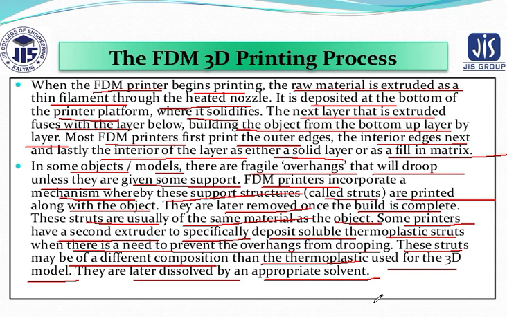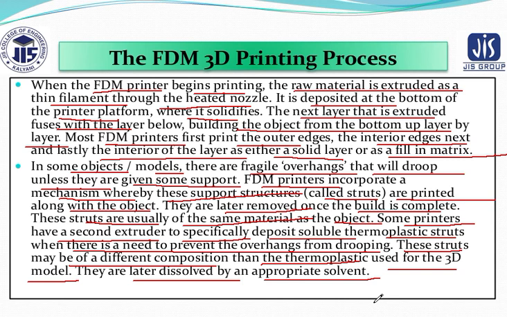First of all, you are depositing the material that is extruded from the extruder head as a thin filament with the help of a heated nozzle. Initially it is deposited over the printer platform. It gets solidified. The next layer that is extruded fuses with the layer below.